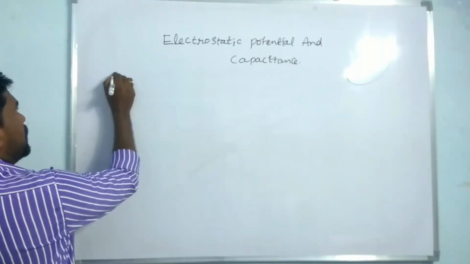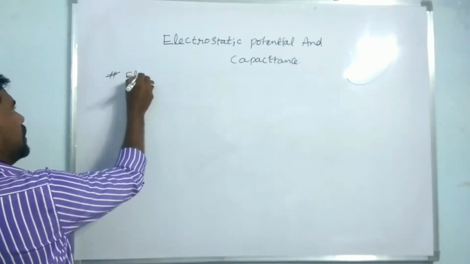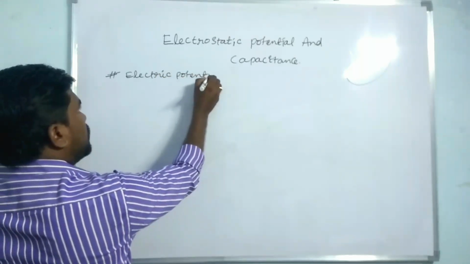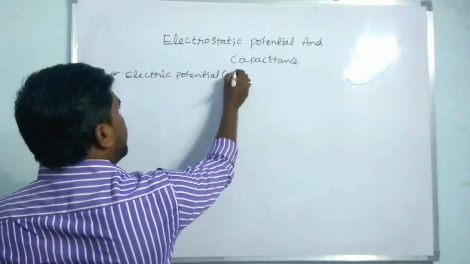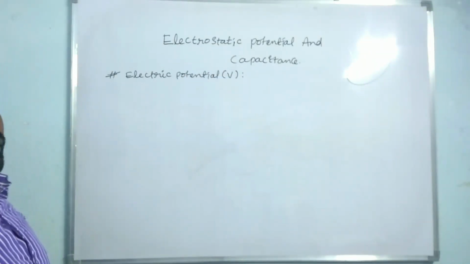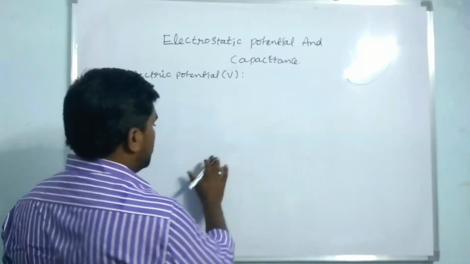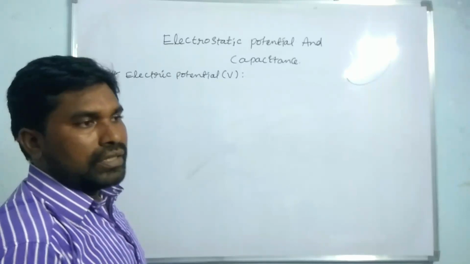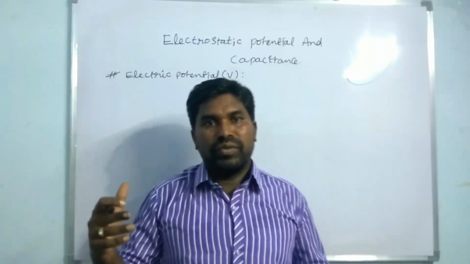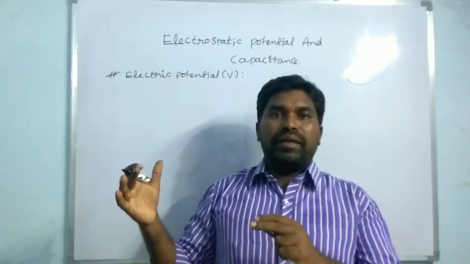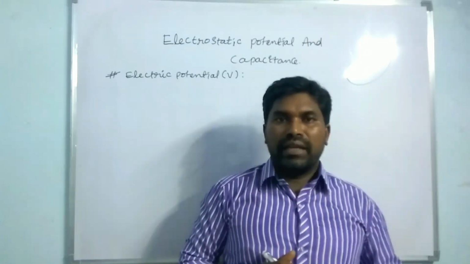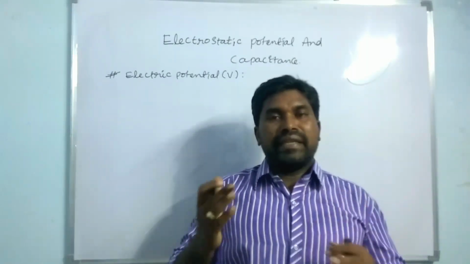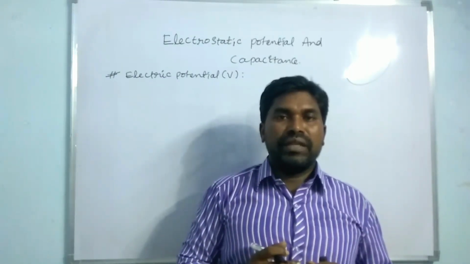It is the electric potential, denoted by the letter V. Electric potential is the work done to bring the point charge from infinite distance into the electric field, and the work done acts against the field.